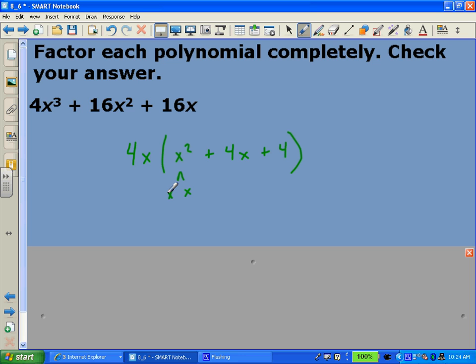Then I notice that this is a perfect square trinomial. Notice here we got perfect squares at the beginning, and then this is 2 times 2x, so that's going to work. So I know right away, again, I can't forget my 4x, that's probably one of the biggest mistakes. And then this is a perfect square trinomial, x plus 2 squared.